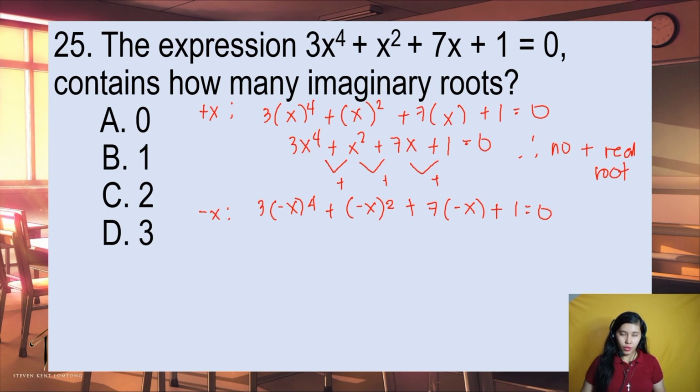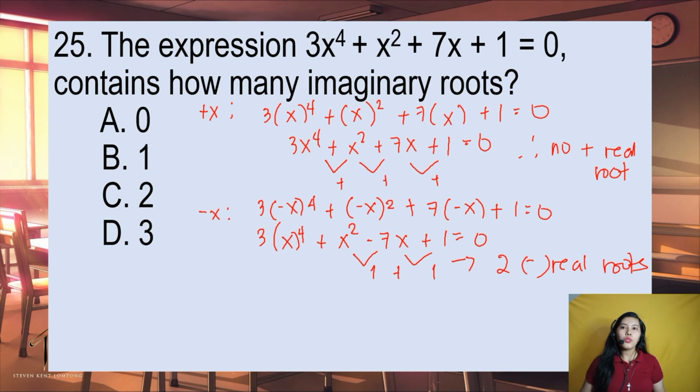So, we have 3x raised to 4 plus x squared minus 7x plus 1 is equal to 0. Here, positive, positive, no change. Then positive, negative, so we have one variation, and negative to positive, so we have another variation. So, we have 2 negative real roots.